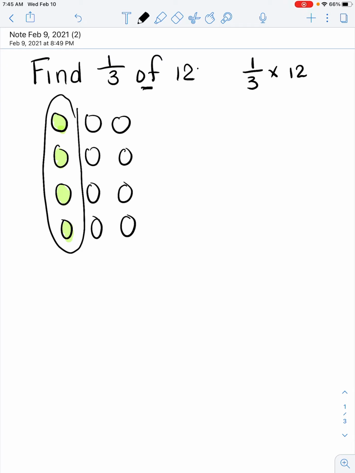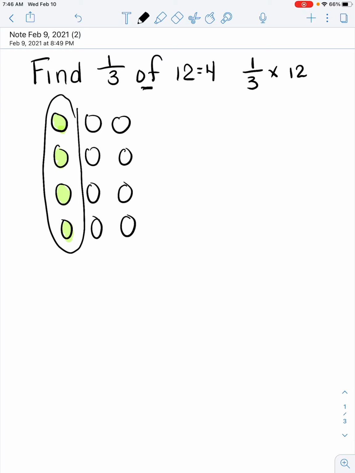Kind of looks like a little pea pod there. Okay? But I don't like to do that. We can find a fraction as a part of a group or a part of a whole, but I generally like to find it as part of a whole. Why? Because what if I wanted to find 1/3 of 120? Do I really want to draw 120 circles?